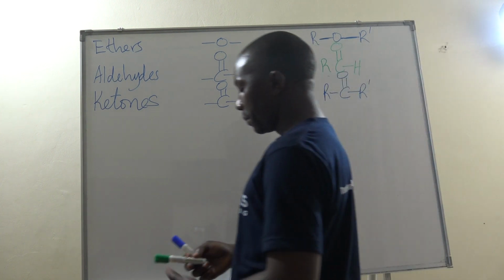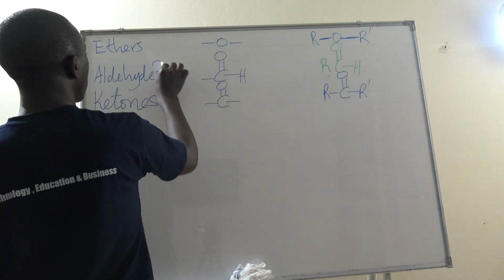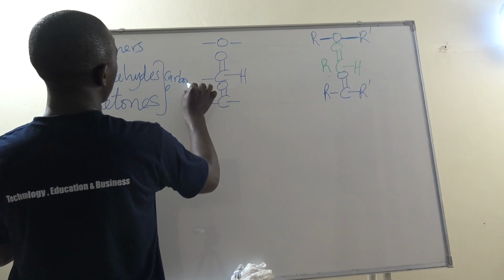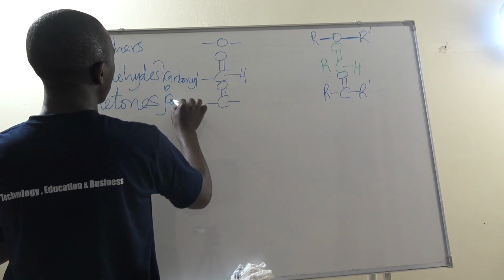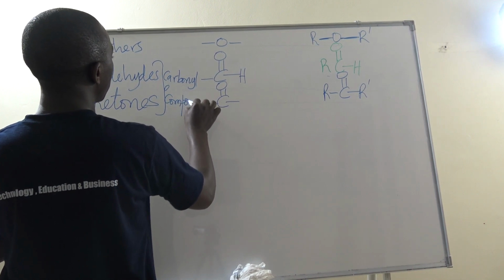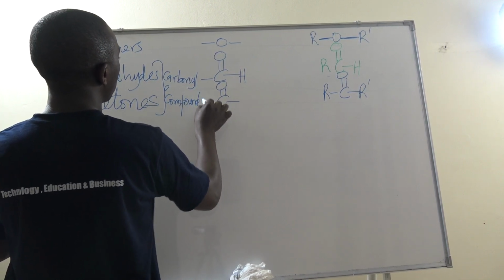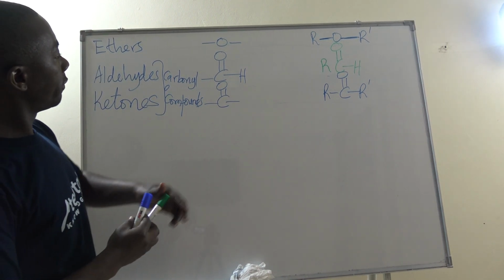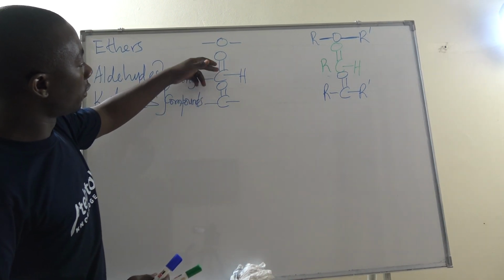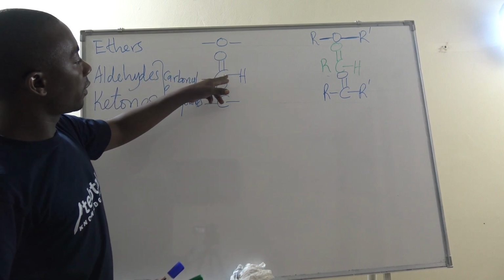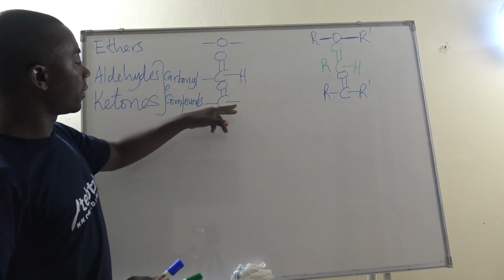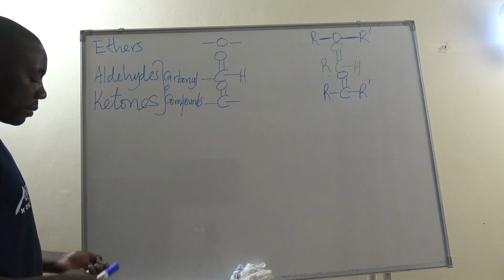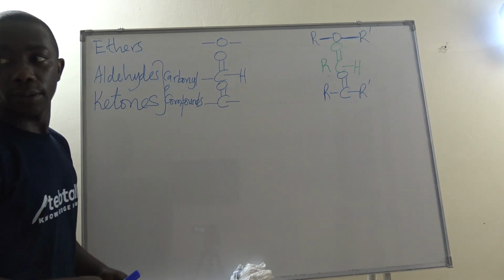Collectively, aldehydes and ketones are called carbonyl compounds, because their functional group is almost the same, apart from aldehydes having a hydrogen and ketones not having a hydrogen.